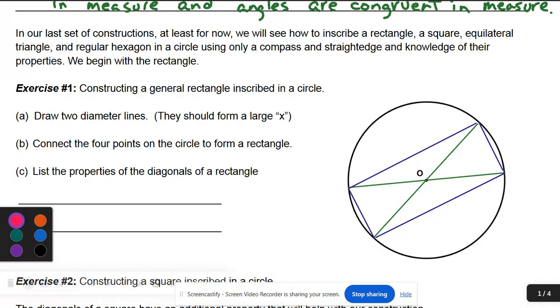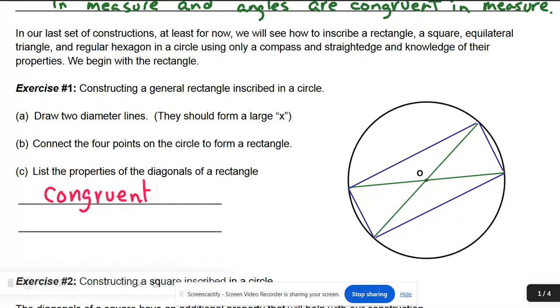Then it says, list the properties of the diagonals of a rectangle. All right, so the properties of the diagonals. You'll notice they are congruent length because they're both diameter lines. So this diagonal is the same length as this diagonal.